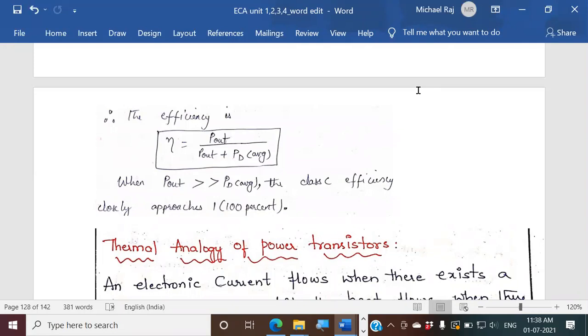The power dissipation, I will call it PD, and the transistor junction temperature, I will call it Tj. Will the power dissipation be proportional to Tj or to Tj minus Ta? Anybody gets an answer?